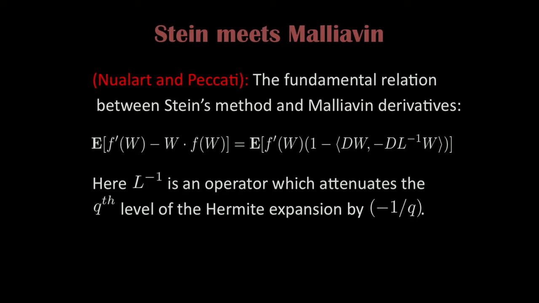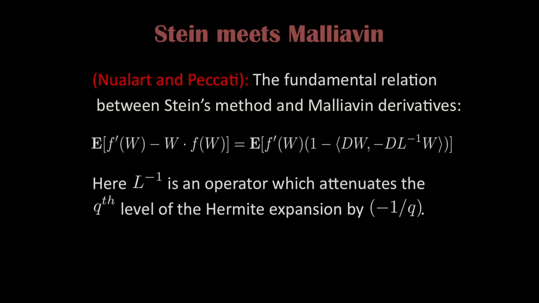Okay, so why am I talking about Malliavin calculus? This is the reason. It first appeared in a paper by Nualart and Peccati from 2004. It's a very simple identity: if W is a random variable that is a function of Gaussians and it's nice enough, with polynomially bounded derivatives and all that, then the following identity holds.